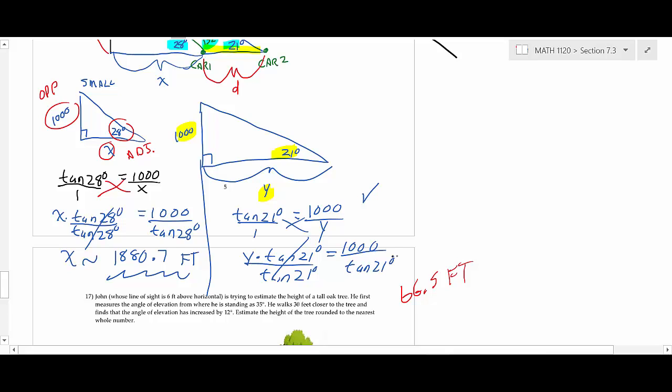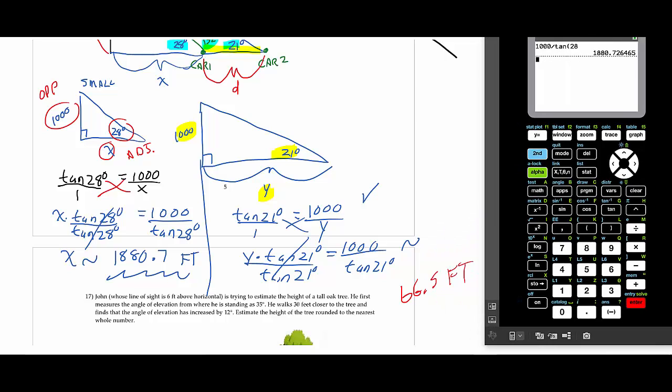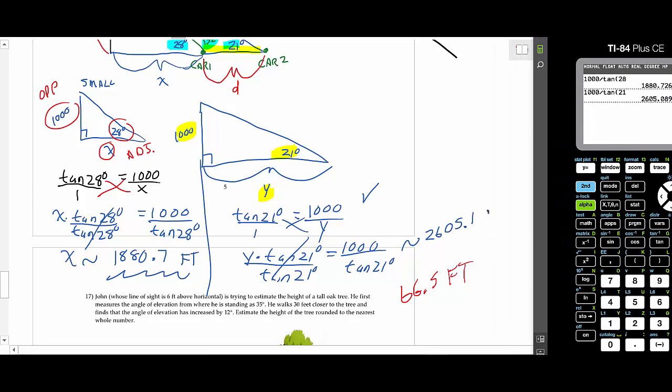On the calculator, 1,000 divided by tangent of 21. Hopefully I get a bigger number than last time, and I do. That's about 2,605.1 feet if you round that off.